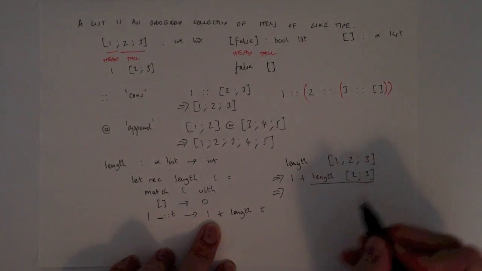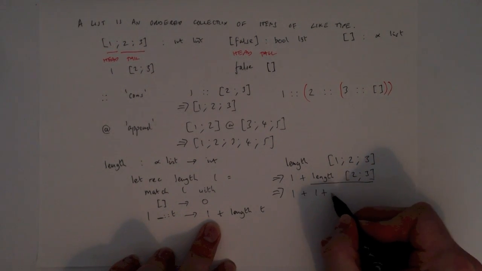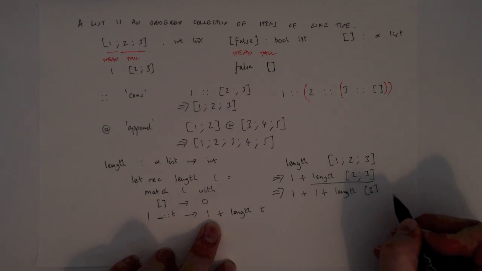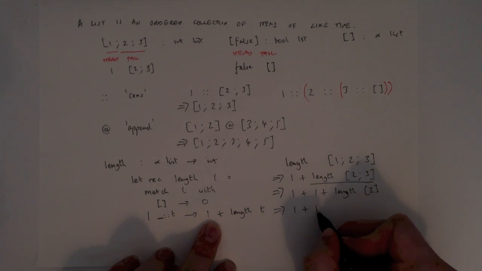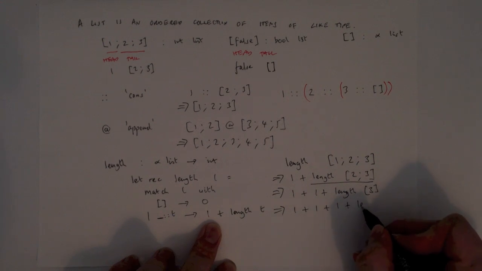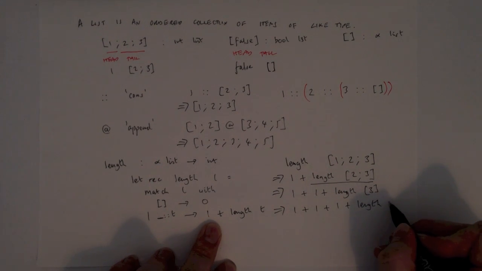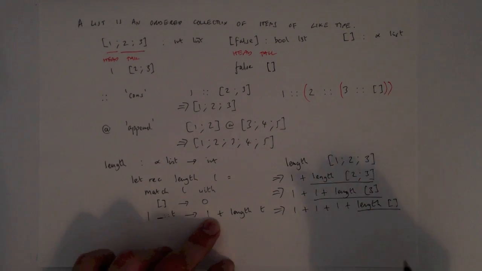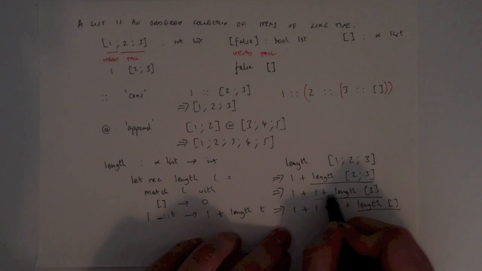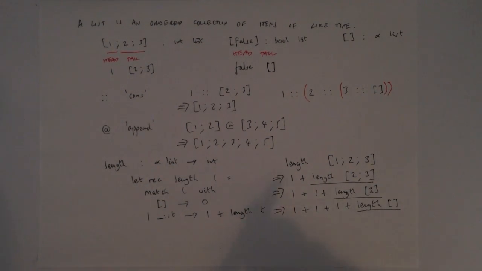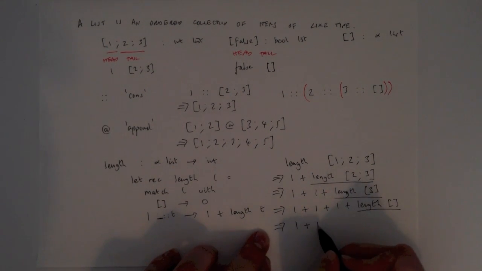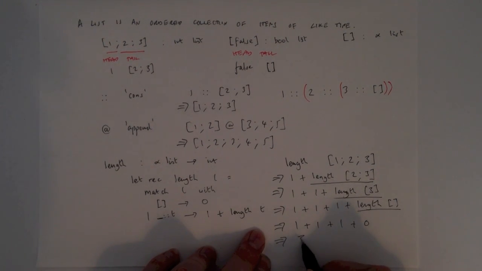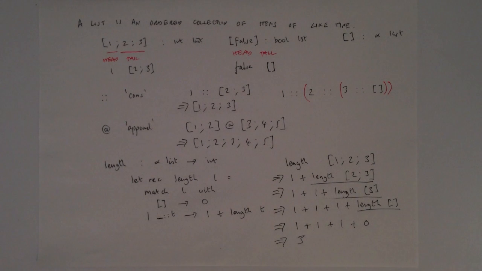And so we get 1 plus 1 plus the length of the list just containing 3, which is 1 plus 1 plus 1 plus the length of the empty list. Well, that's the base case now. So we get 1 plus 1 plus 1 plus 0, which is 3, which is indeed the length of our list.